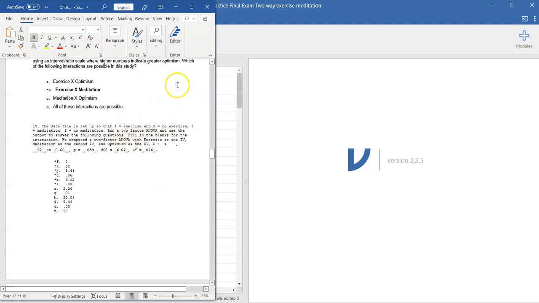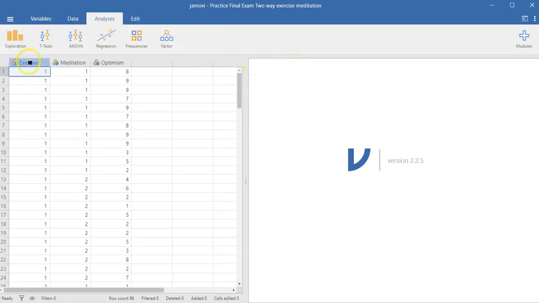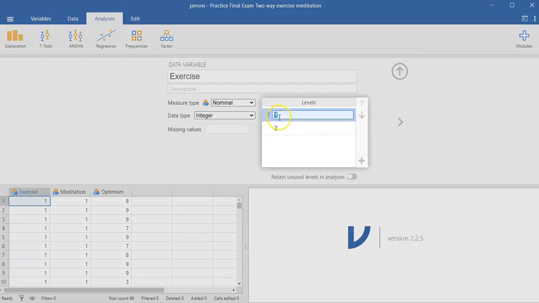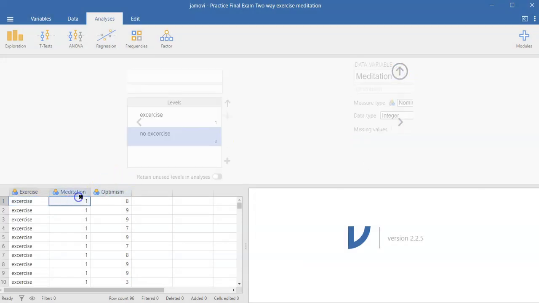Yeah, so 1 is exercise, 2 is no exercise, 1 is meditation, 2 is no meditation. So we want to go to 1 being exercise, 2 meaning no exercise, and then meditation.